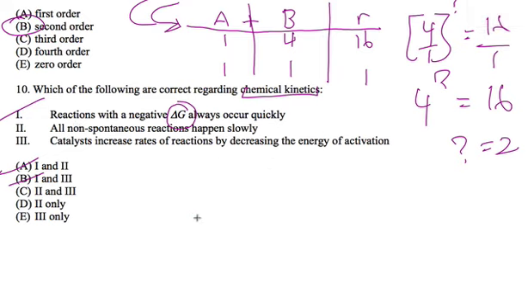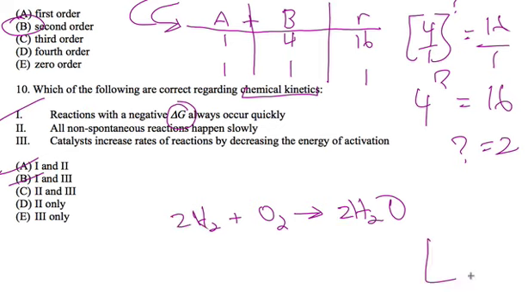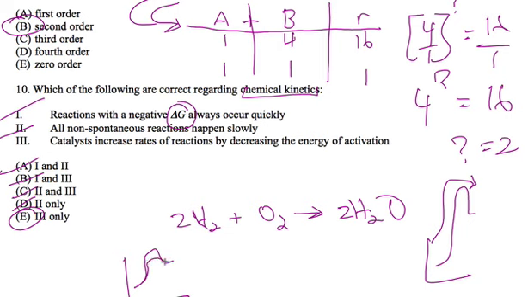We know that wasn't the case. When I blew up the hydrogen in class, that was non-spontaneous, but when I eventually got it to happen over that big activation energy hill, it happened very, very quickly. So reactions that are non-spontaneous can also happen very quickly. So this is the only answer: catalysts increase rates by decreasing the energy of activation. That's true. They make the hill shorter.